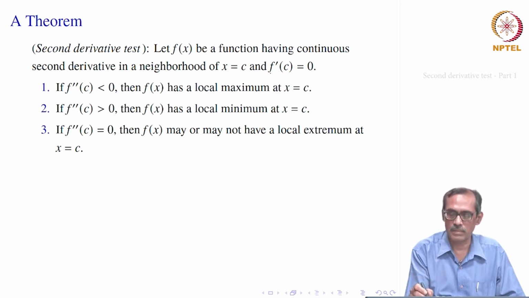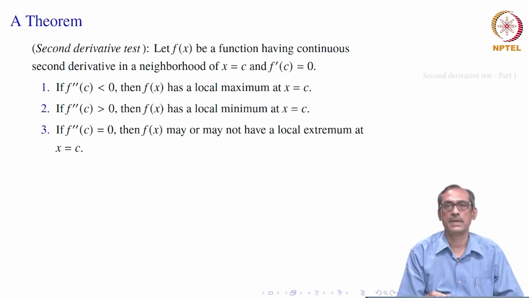A critical point here means f prime of c must be equal to 0. So we have the function f of x, a point x equal to c in its domain, and we assume that f prime of c equals 0 and the second derivative f double prime of x is continuous in a neighborhood of x equal to c.